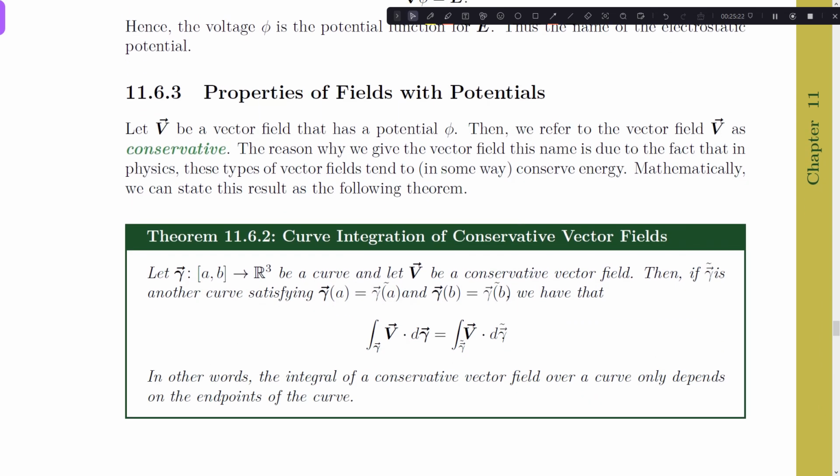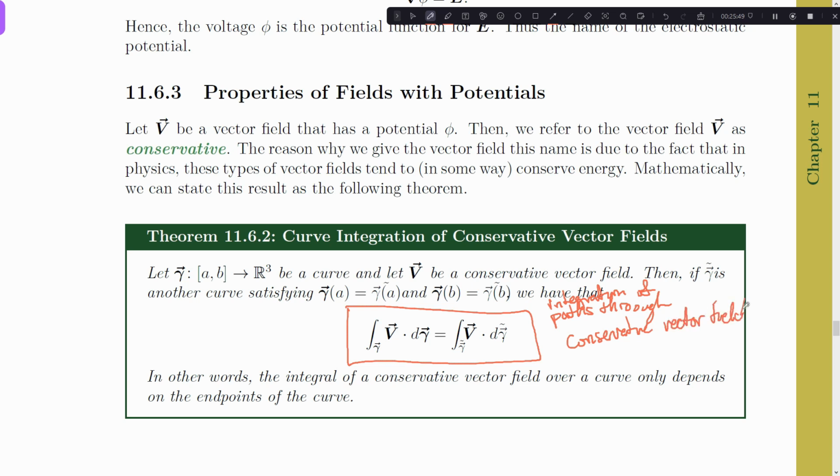It looks like the following. Now, this is a lot of math notation for saying one thing. It says that integration of paths through conservative vector fields only care about endpoints.